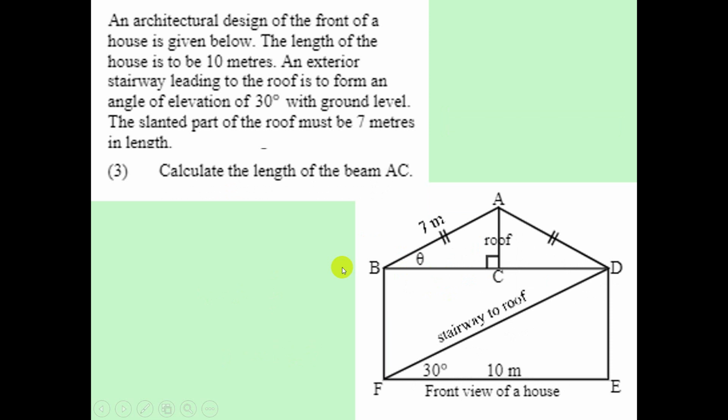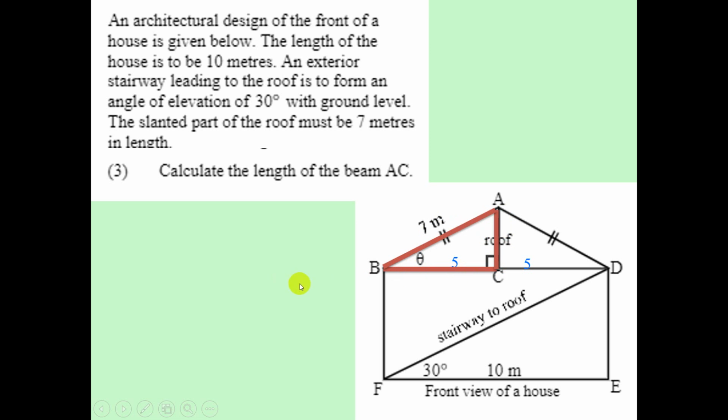The last part of the question says calculate the length of the beam AC. From our previous question, remember that we concluded this was 5. We now have a right angle triangle, 5, 7, and to find AC we have two options. We can use trig, we can use opposite and hypotenuse, or we can just use Pythagoras.